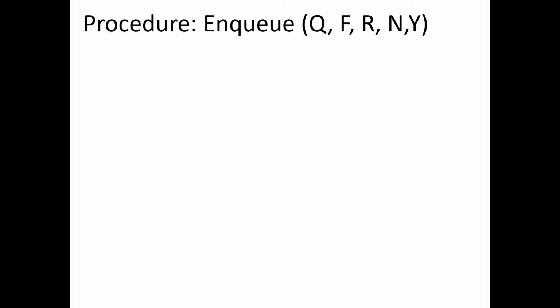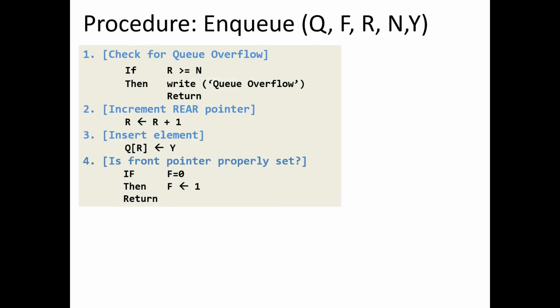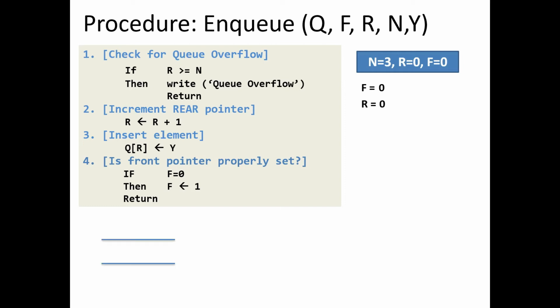Now see the tracing of the insertion algorithm for Q for n equal to 3. Initially, front and rear are equal to 0 and n is equal to 3. So f is equal to 0, that is front is 0, and r is equal to 0, that is our rear is 0.